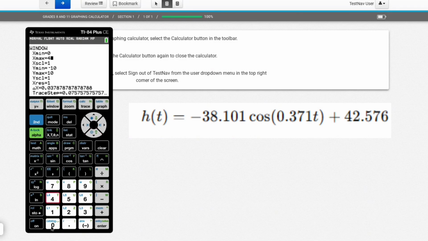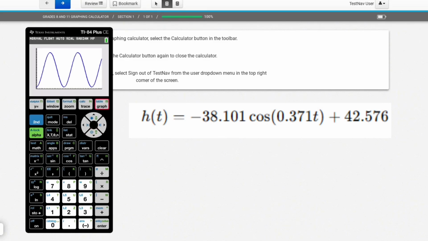And let's change this to 40 to give us a little bit of cushion. Now, if I have an amplitude of around 40 and a midline of around 40, I should probably have my y min at 0, because this is a Ferris wheel problem. You're not going to go below the ground. And let's set y max to 90, and that should be pretty decent for me.